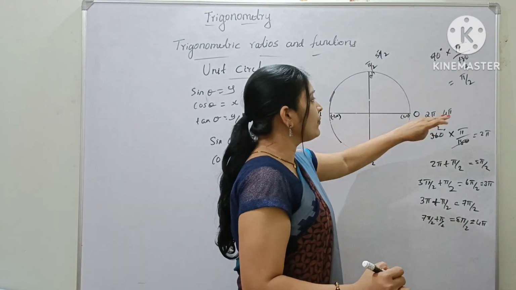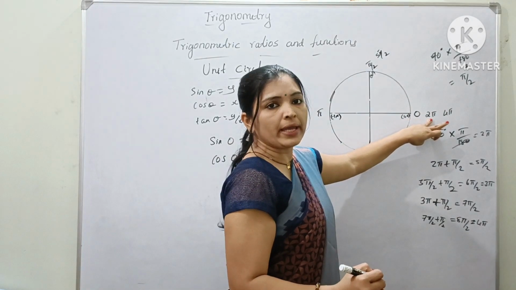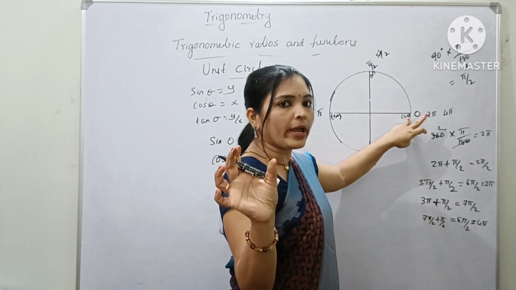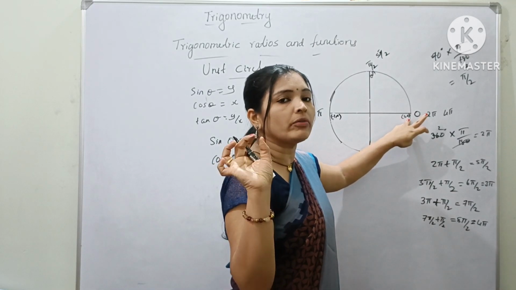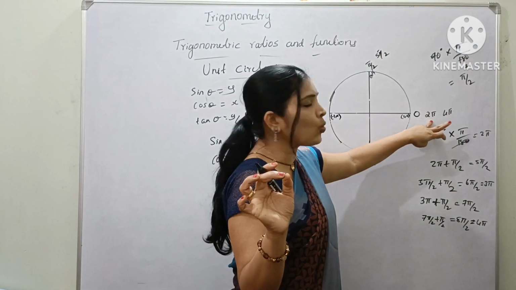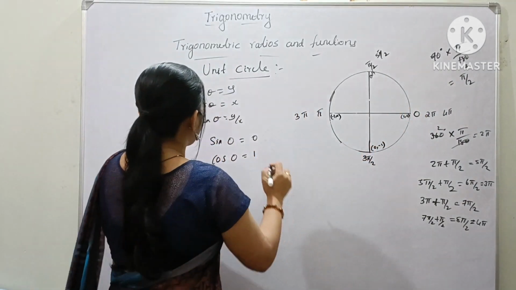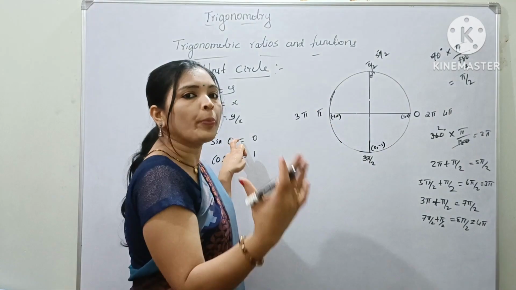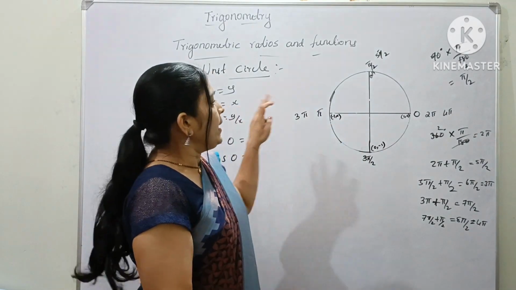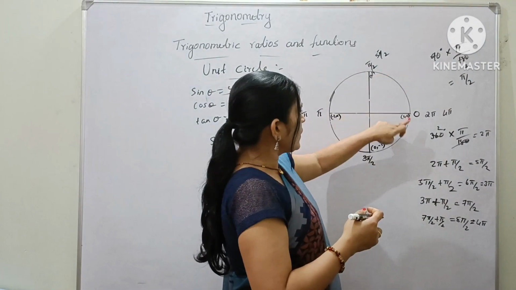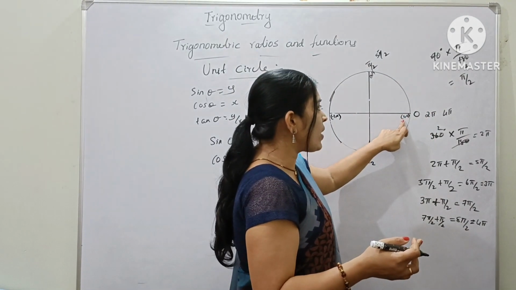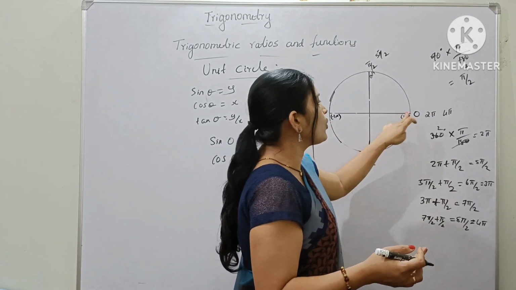In the same way, sine theta is y, so sine 2 pi is also 0. Sine 0 is 0, sine 2 pi is 0, sine 4 pi is 0. Next, cos 0 is 1, cos 2 pi is 1, cos 4 pi is 1.